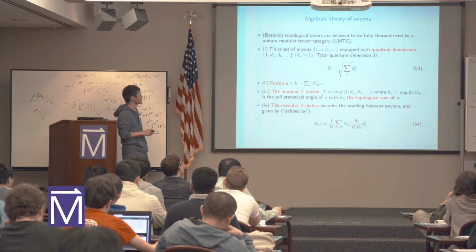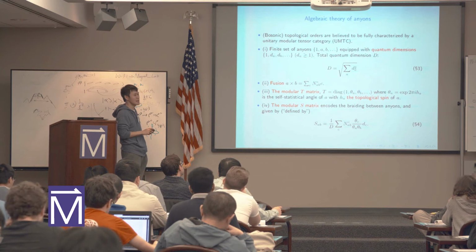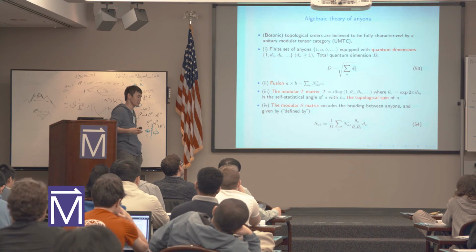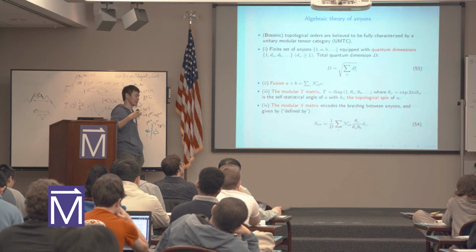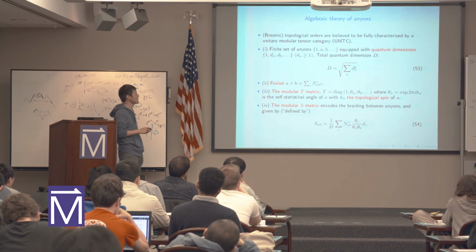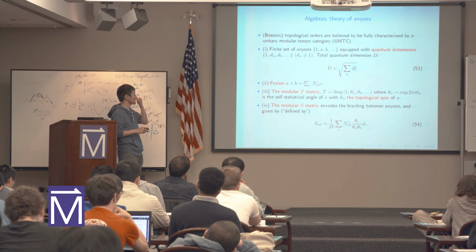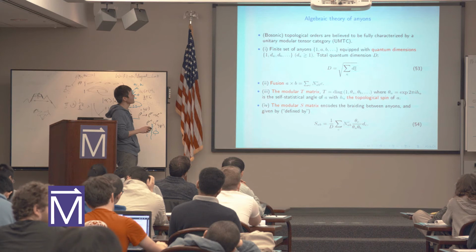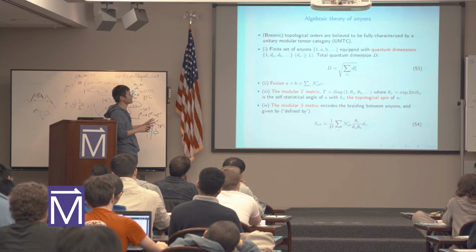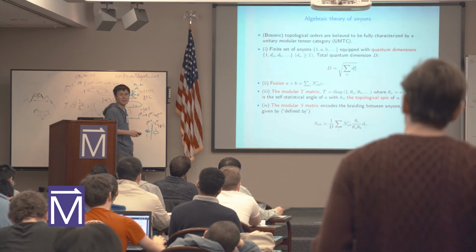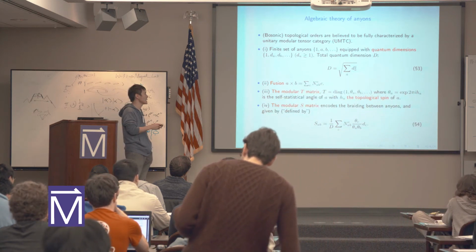So what are these data? We first want to know the set of anyons in the system, and there is a finite number of types of anyons. And each anyon has a notion of quantum dimension. I have a particle 1, which is a special, trivial particle, so that's why we call it 1. But in general, we could have anyons like 1, A, B, or all kinds of anyons, and their properties so far are unspecified.